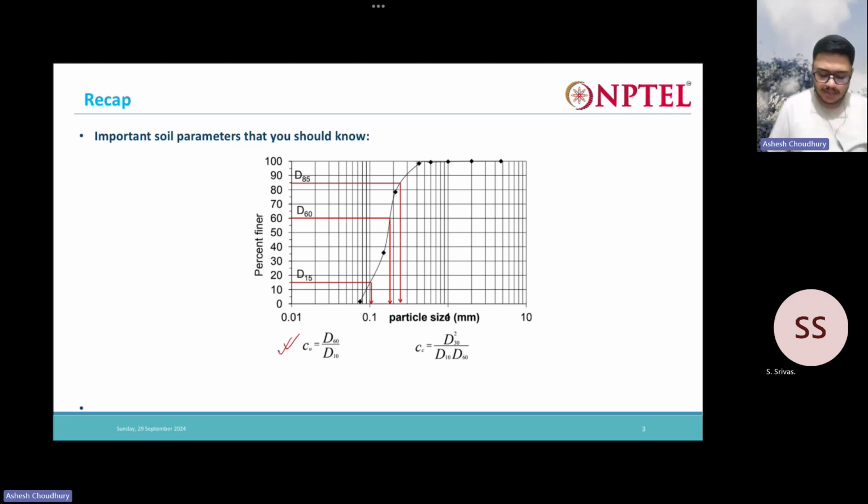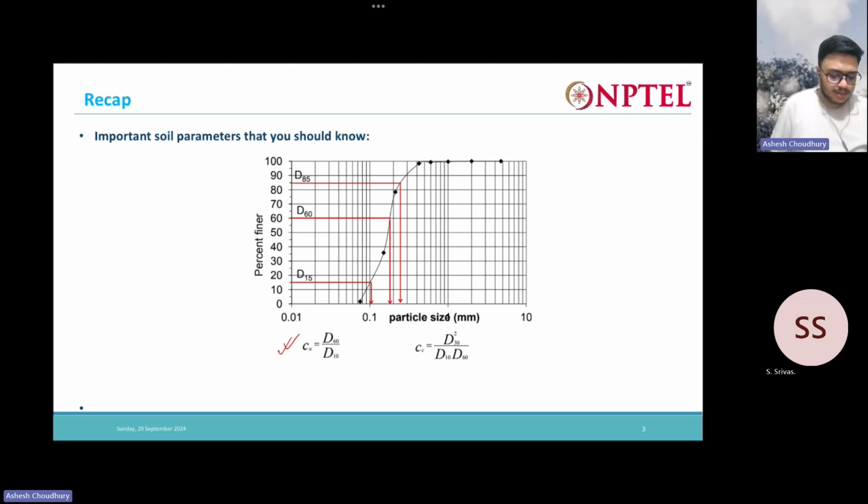This Cu is nothing but the coefficient of uniformity. Coefficient of uniformity of any soil is the D60 size divided by the D10 size. Okay, that is the Cu. And then you have the coefficient of curvature, Cc, that is nothing but D30 squared divided by D10 times D60. That is the Cc, coefficient of curvature.